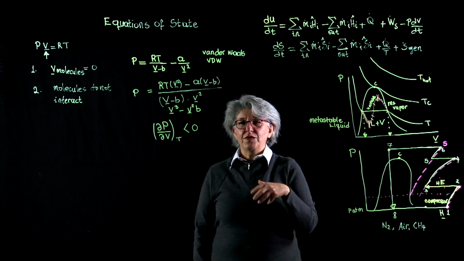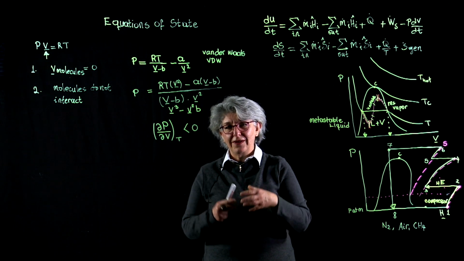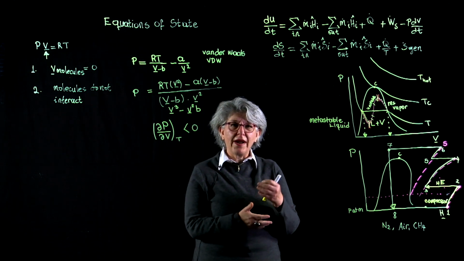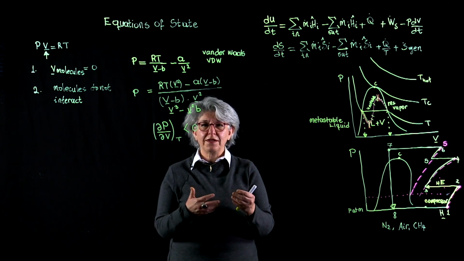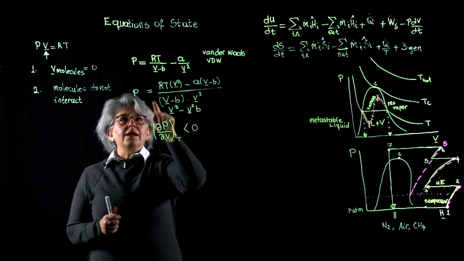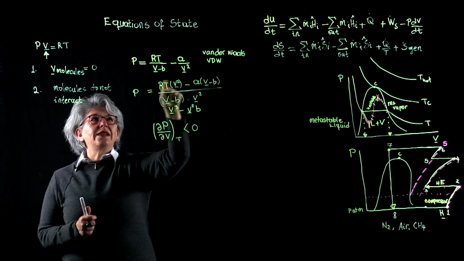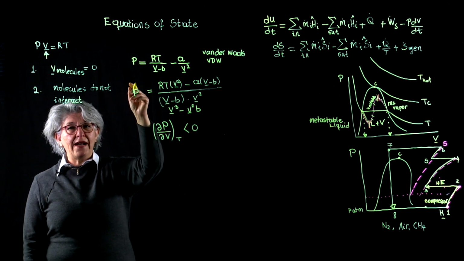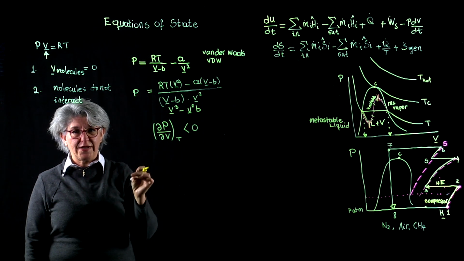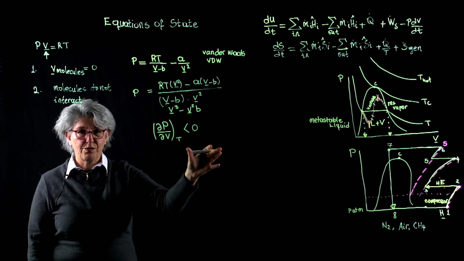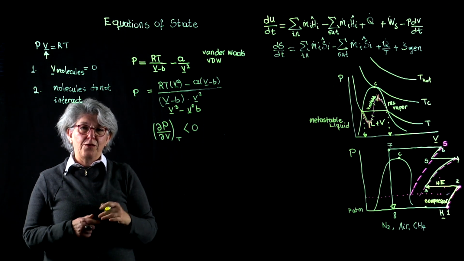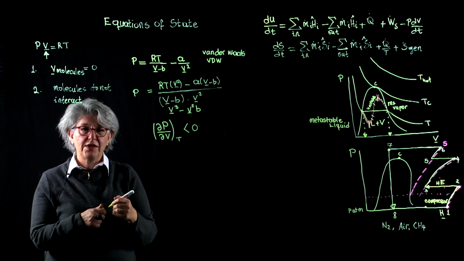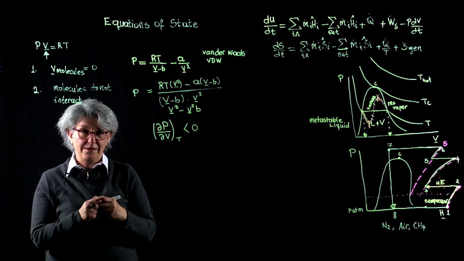We can now proceed with further understanding of the fluid behavior through more accurate representations of these equations of state. The van der Waals equation of state sets the basis of all those equations of state, but we have a couple more equations of state which I will transfer to the board for future reference.